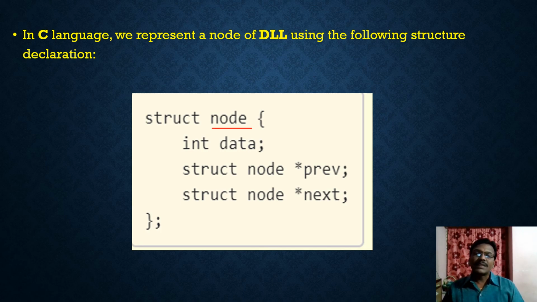In this, there are three members: one is data, the actual stored data, then struct node pointer previous, which is used for the previous node address, and struct node pointer next, where the next node address is stored. So in general, a singly linked list has only two members, data and next. A doubly linked list has the extra member, previous.